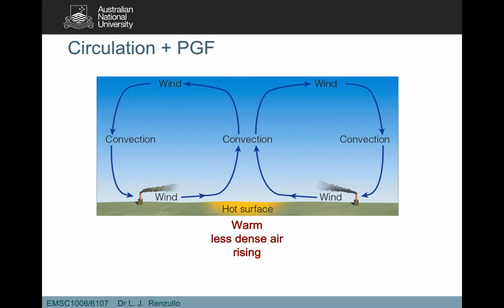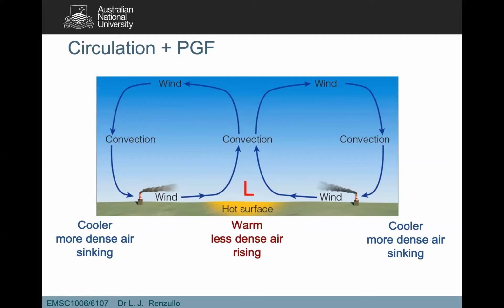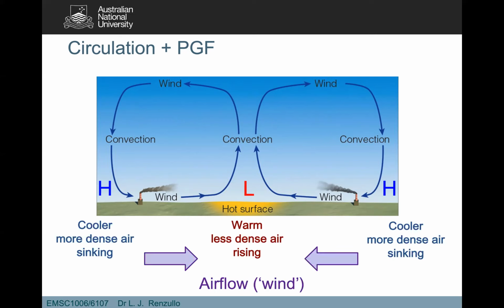And the warm, less dense air exerts a low pressure on the surface, whereas the cooler, more dense air sinking exerts a high pressure. Now, we've just talked about pressure gradient force, so it shouldn't be too surprising that there is an air flow from high to low. This is what we'd experience as wind on the surface.